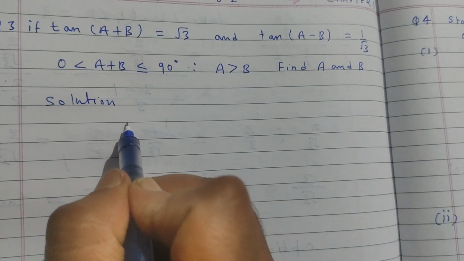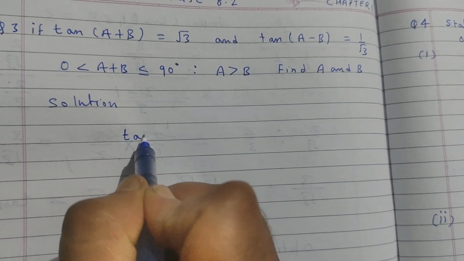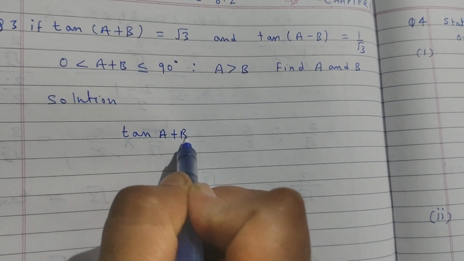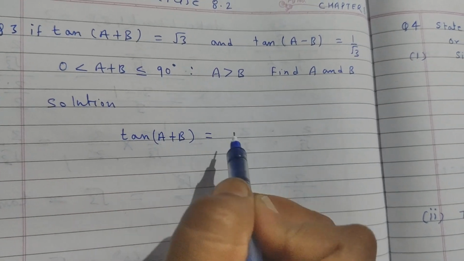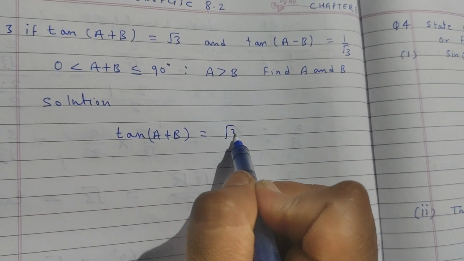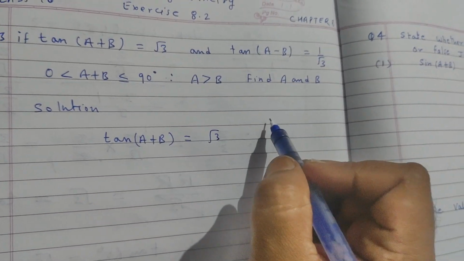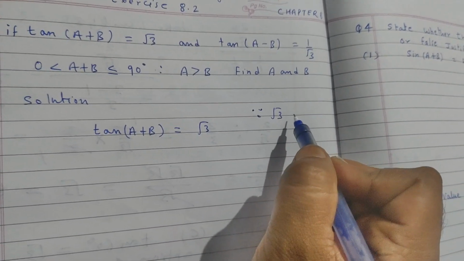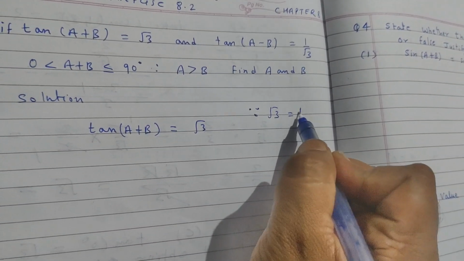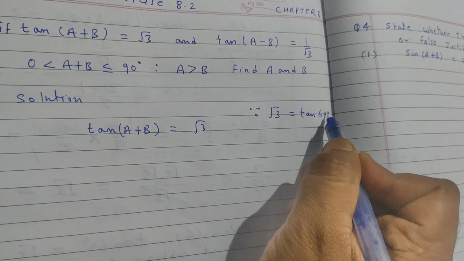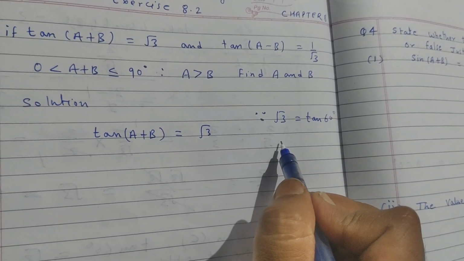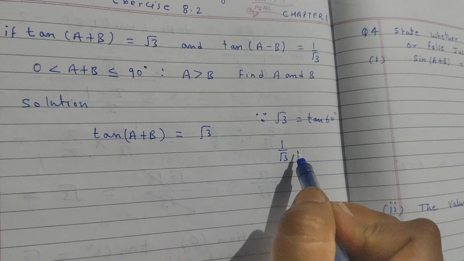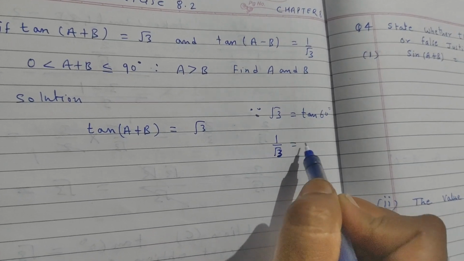Here tan(A+B) is equal to root 3, and this value root 3 is equal to tan 60, and 1 by root 3 value is tan 30.